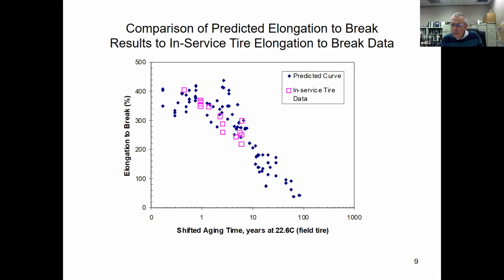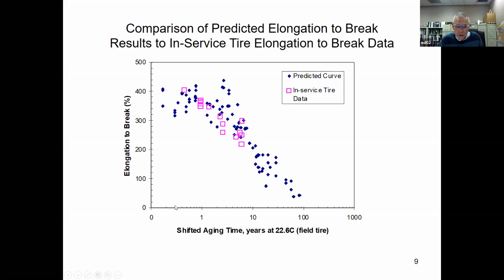Okay, so I'm skipping now to the last slide. Here we compare the predicted elongation to break results to the actual in-service elongation to break. The pink squares are tires that were retrieved from people and users like you and me in Phoenix, Arizona.